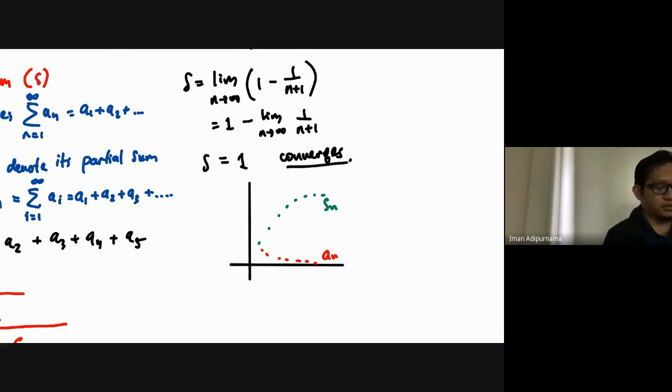But I think it's not proportional, but I hope you get the idea. Okay, so the sequence and the series, both can be converged, but they converge to different values.